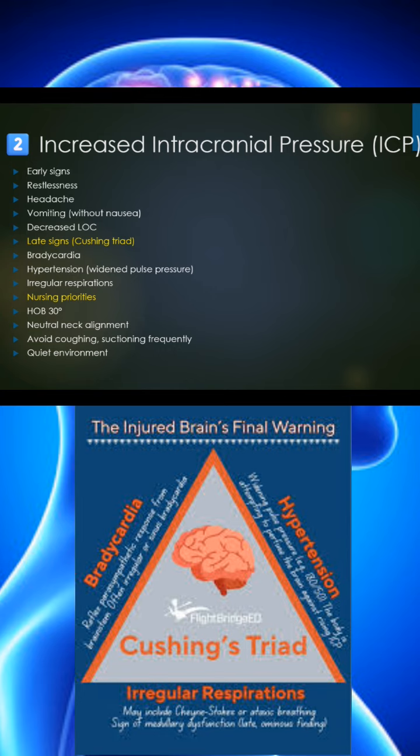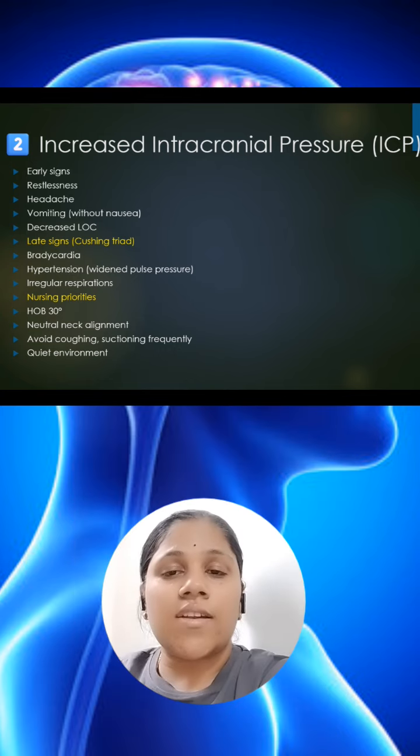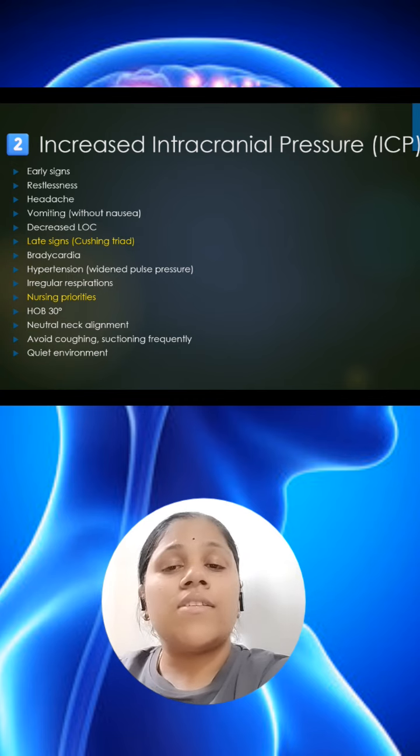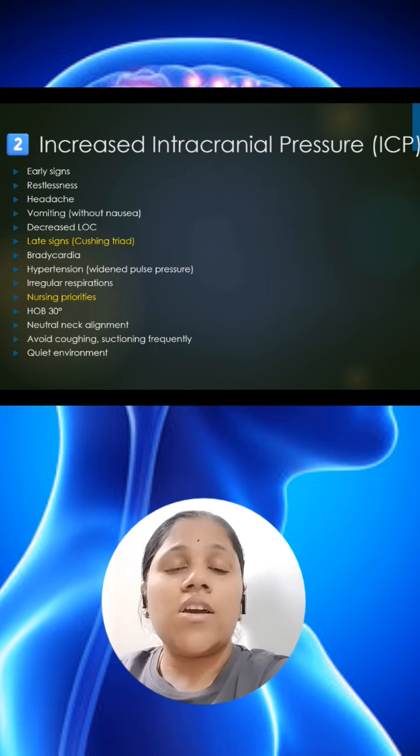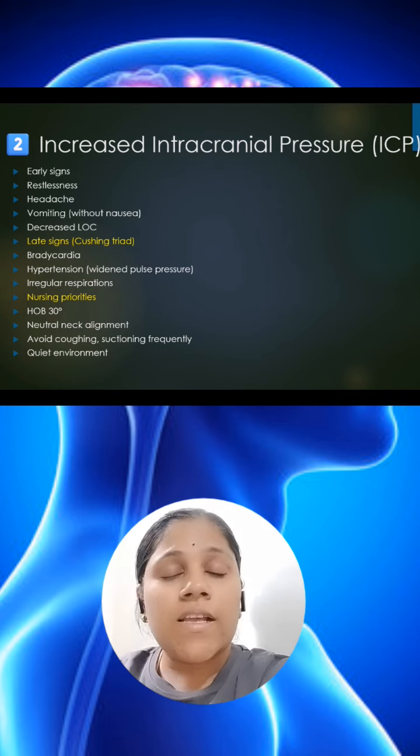The main nursing priority is that the head of the bed should be elevated at 30 degrees, and the neutral neck position and alignment has to be maintained, and avoid coughing or suctioning very frequently. These things have to be noted, and then we have to provide a quiet environment to the patient.